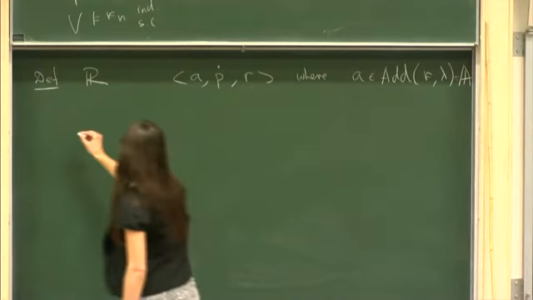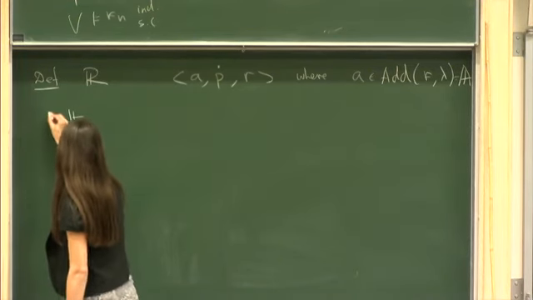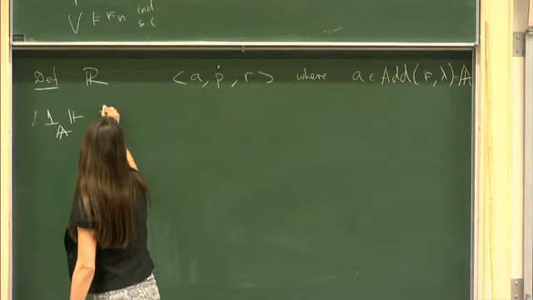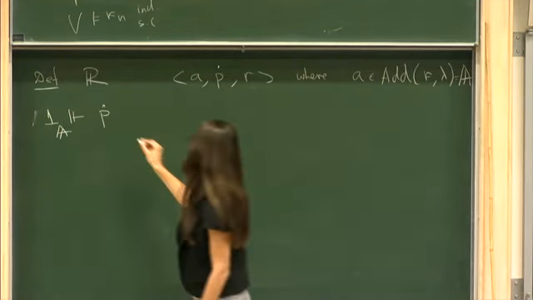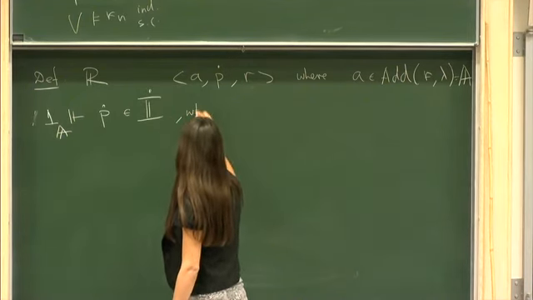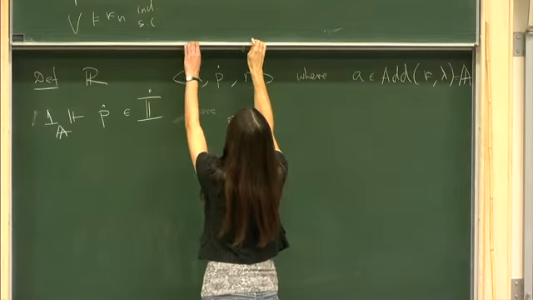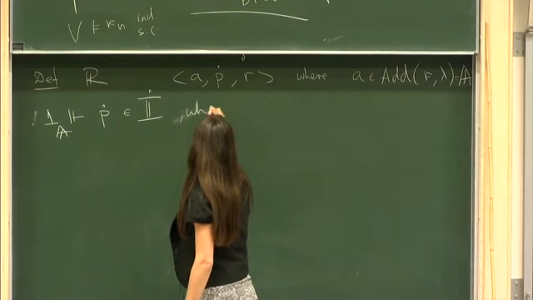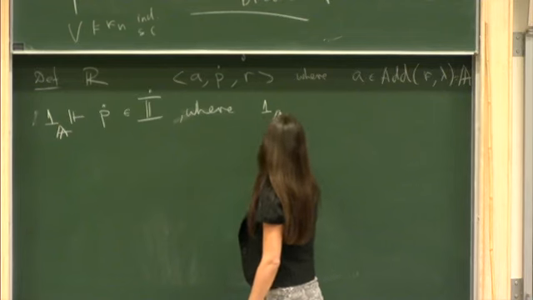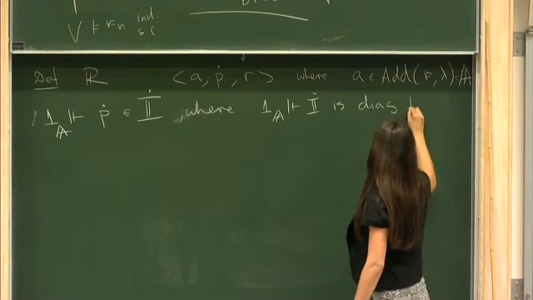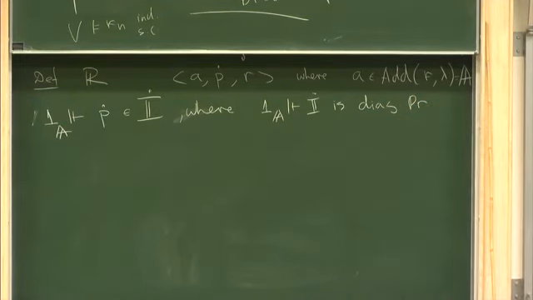In other words, one sub A will force that P dot is an element in, let me call the Prikry poset I, where I is the diagonal Prikry forcing as in Ben-Neria's result, which is what I talked about at the end of last time.